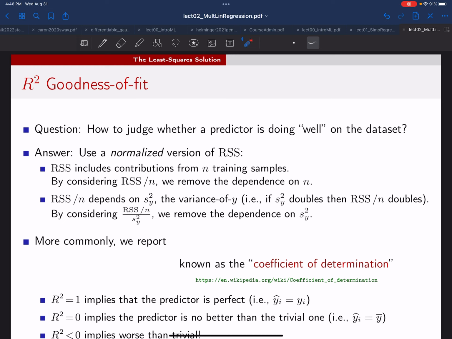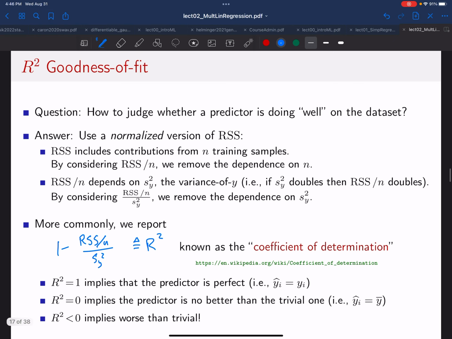Most people use 1 minus that: 1 minus RSS divided by N divided by sigma Y squared, or sorry, we call it S_Y squared. That thing is called R squared.